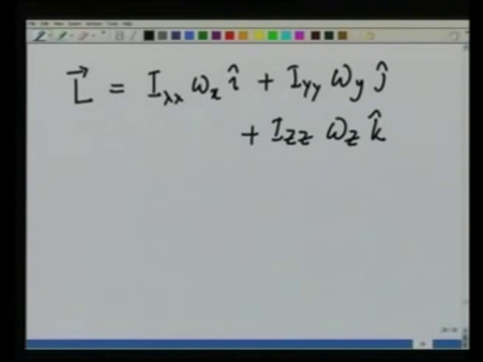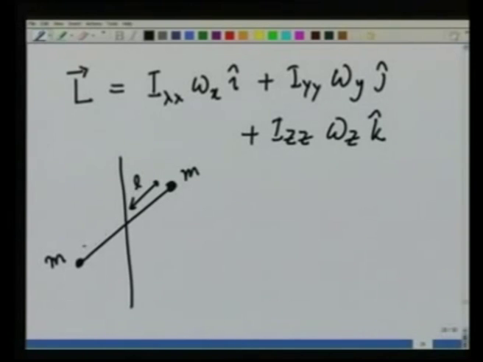Let me take a few examples. Suppose I take the old familiar example that we did in the very first lecture when we started rigid body dynamics: a rod having two masses m at distance L from the center and rotating with angular velocity omega about an axis which is at an angle theta from it.